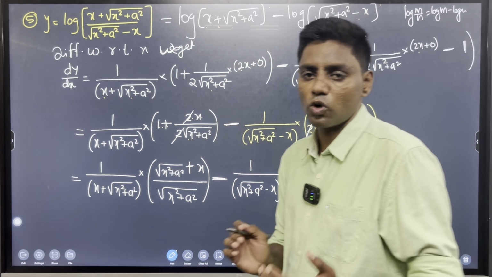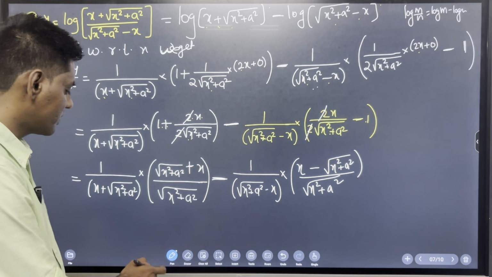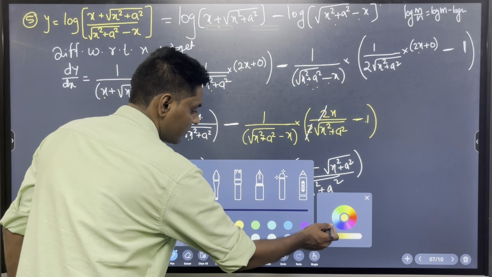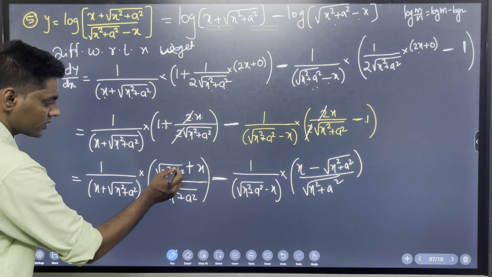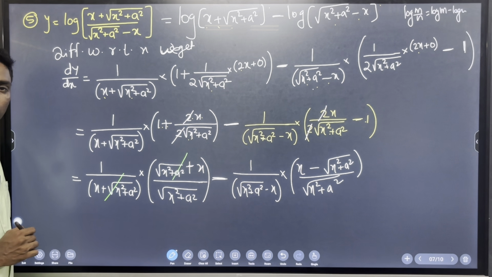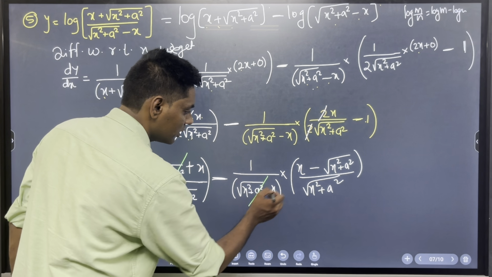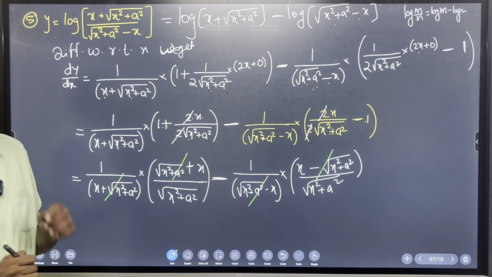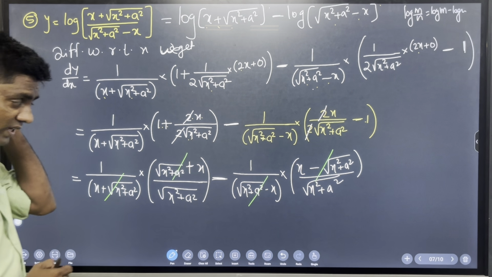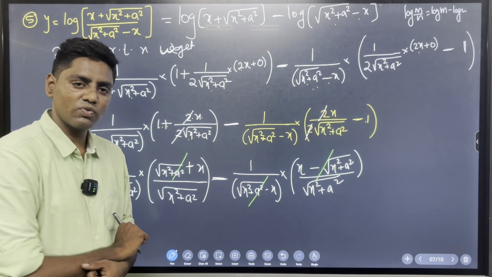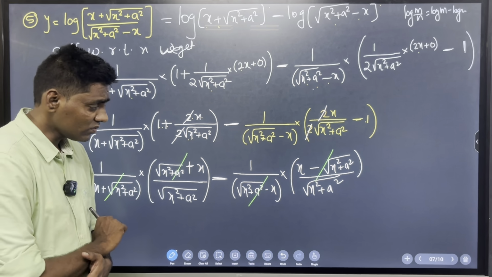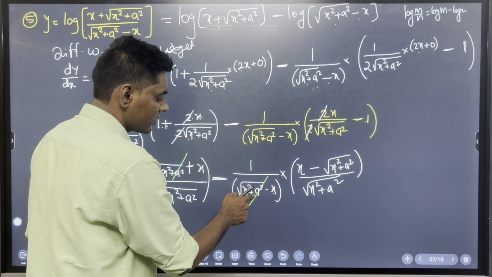So now just observe clearly. Now we can cancel: this is the numerator, this is the denominator, both are the same. Again here both terms are the same, so we get cancellation, but before cancelling, take the minus sign common. When we observe, this is the plus and this is the minus, one more step, and this is the minus and the plus.